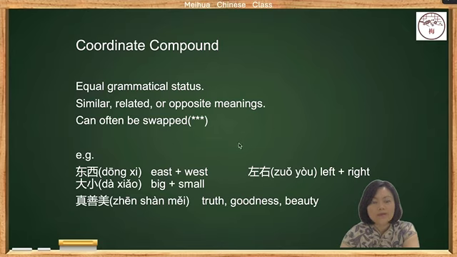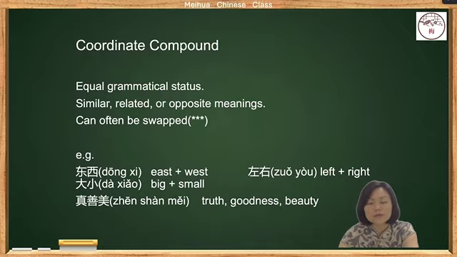The first one, coordinate compound. This is like a parallel compound. It has different parts, and each part has the same grammatical status.